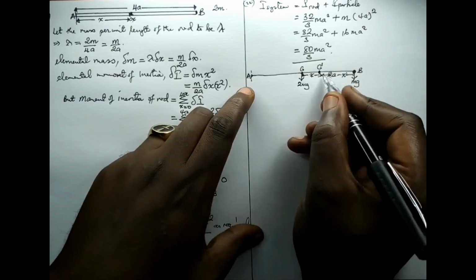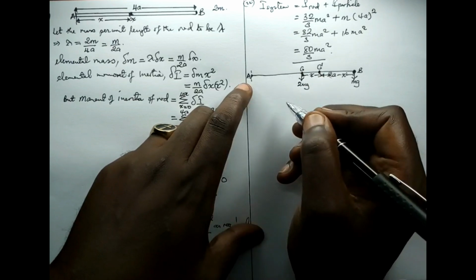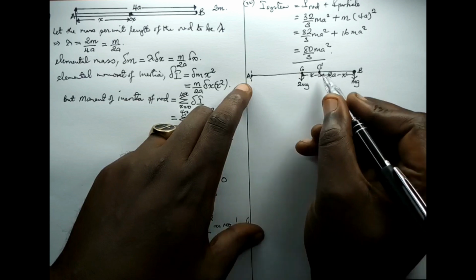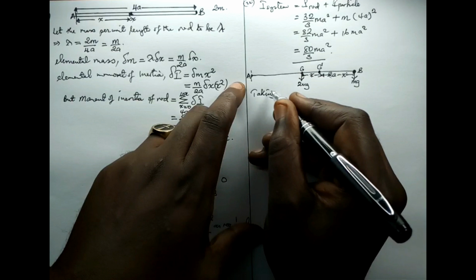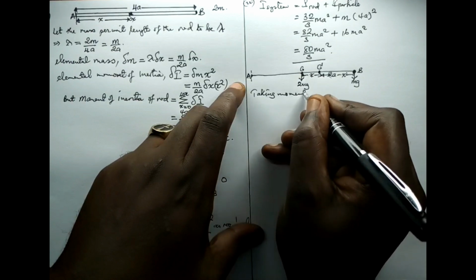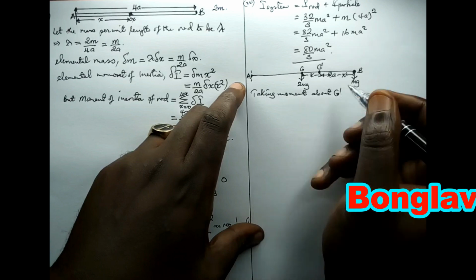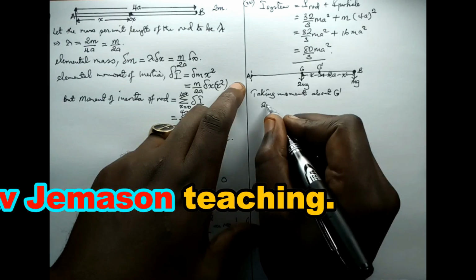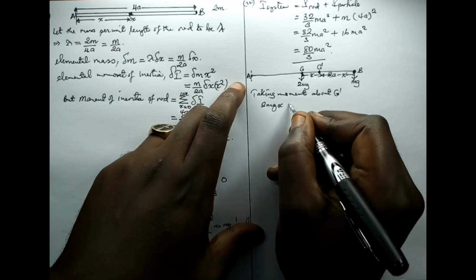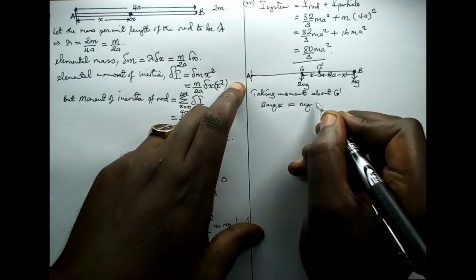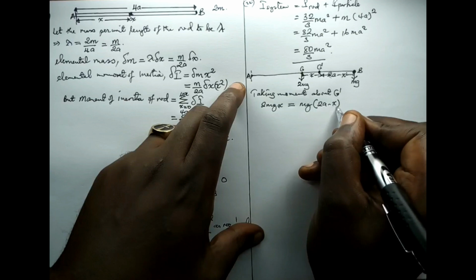And so to have this x, which will help me to get the distance AG prime, which becomes my radius of rotation, I will take moments about G prime. So taking moments about G prime, we have 2mg times the perpendicular distance from G prime, which is x, equal to mg times the perpendicular distance from G prime, which is 2a minus x.